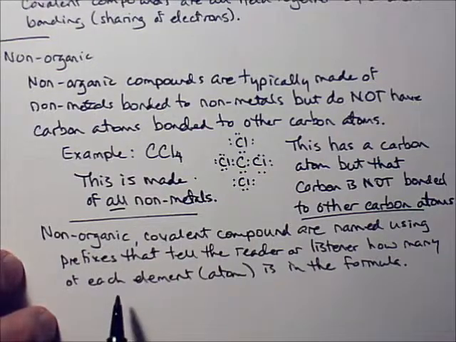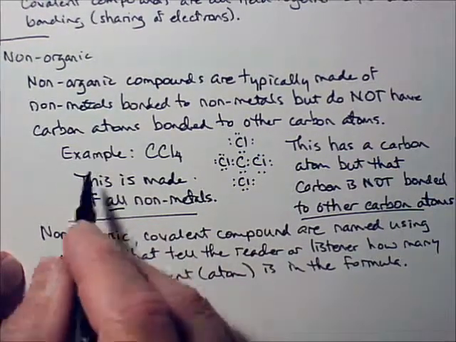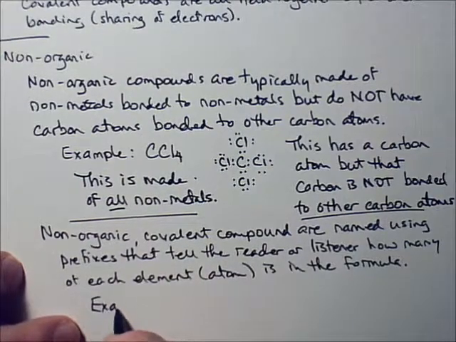So if I have a formula, I can determine the name using these prefixes. If I have a name, I can determine the formula by using those prefixes. Does that make sense? The example is this up here.